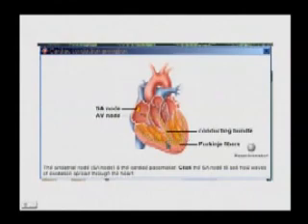The contractions begin at the apex of the heart, and then they proceed kind of in a spiral direction, from the apex toward the base or the crux of the heart.